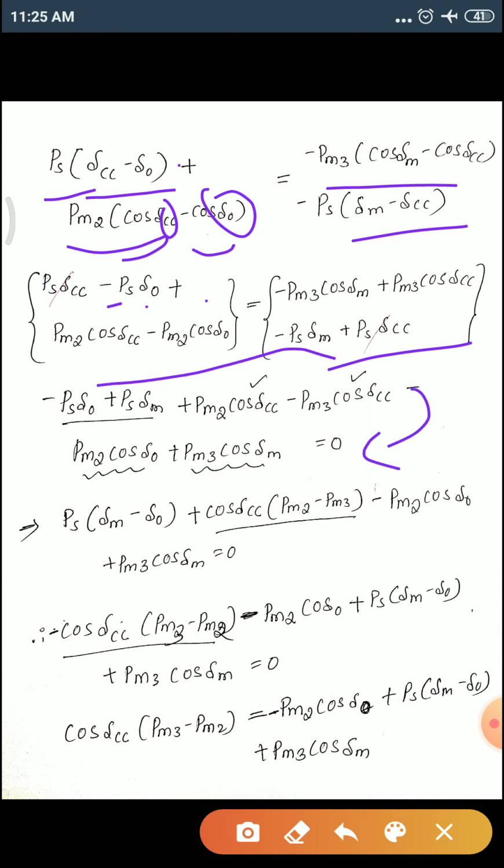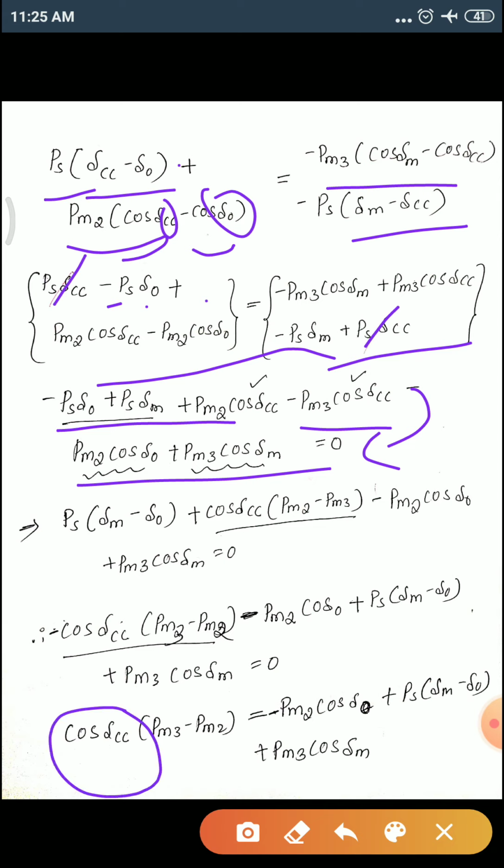Here you get common terms like PS delta cc and PS delta cc, which can be cancelled. Write carefully. Then simplify. Our intention is to get cos delta cc.